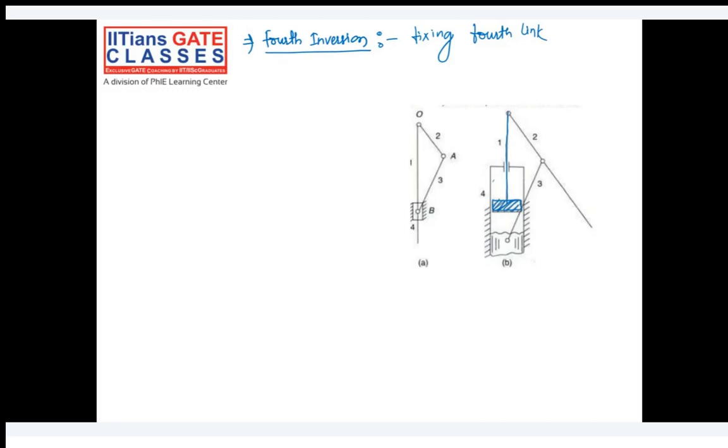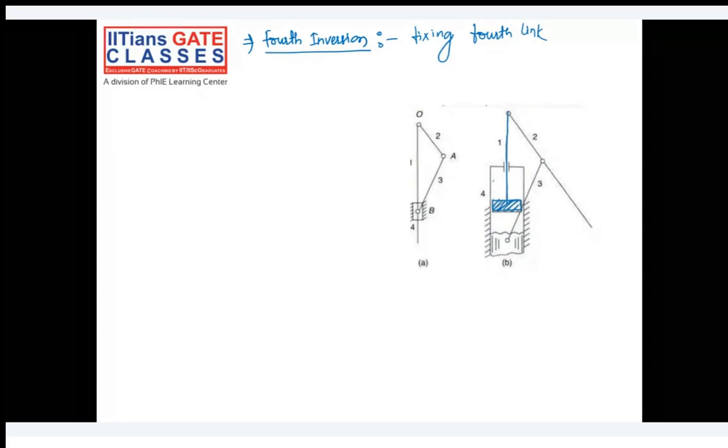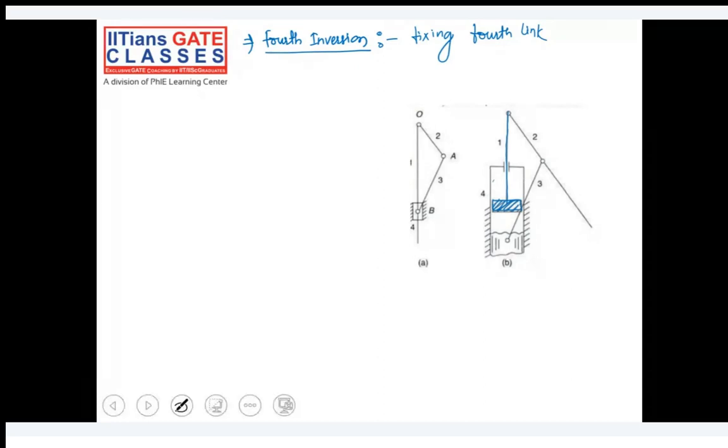The fourth link is extended in the form of a cylinder, and to the first link we are attaching a piston. So indirectly we are making a piston cylinder arrangement between link 1 and 4, and we have extended link 2 to make an arm for pumping water out of the ground. Are you getting how this is converted to a hand pump?